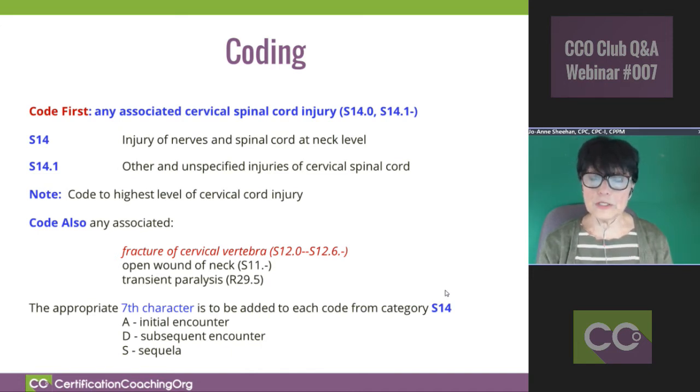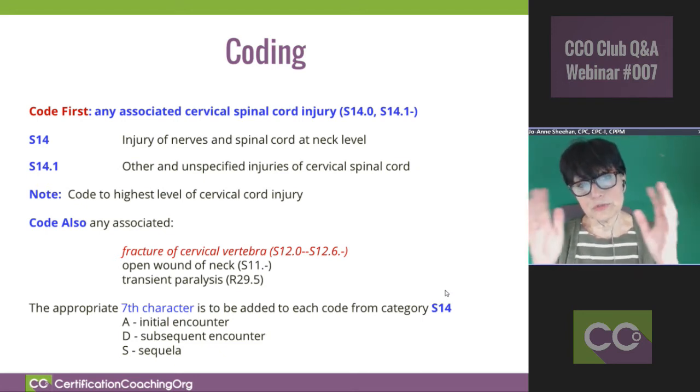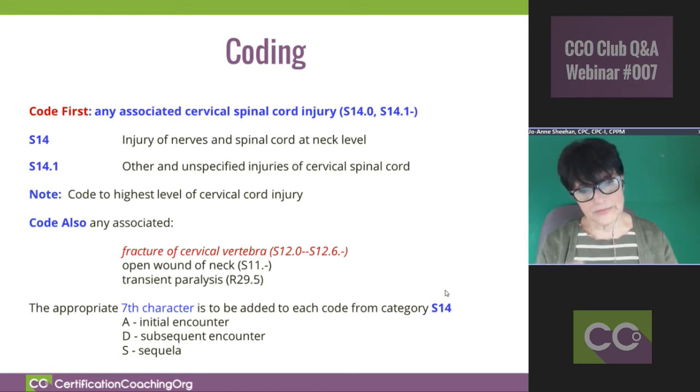So when we looked up the fracture, it said code first the S14, right? Now you're doing the S14 and it's telling you now to code also the fracture. So no matter how you look at it, it's telling you the sequence. And so you would do the G code, the S14, and then the S12 in that order.